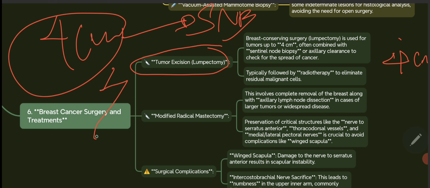So what's the first one? Tumor excision or lumpectomy. This is for tumors up to 4 centimeters combined with sentinel node biopsy or axillary clearance, and sometimes it will be followed by radiotherapy.